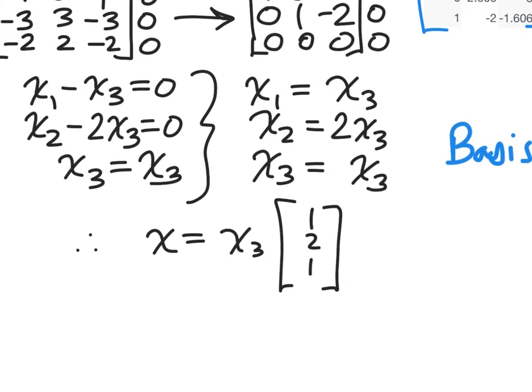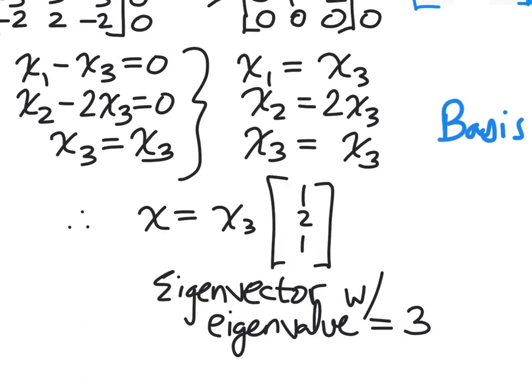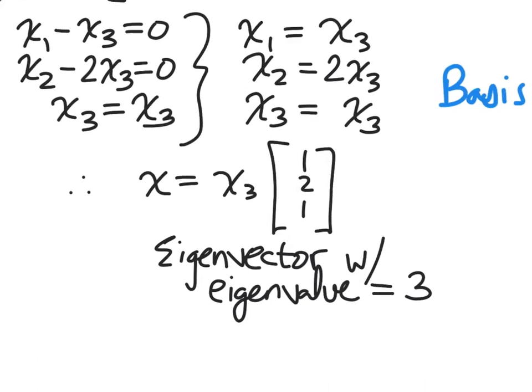So this is the eigenvector with eigenvalue equal to 3.